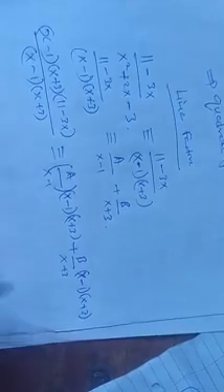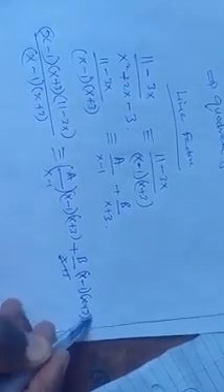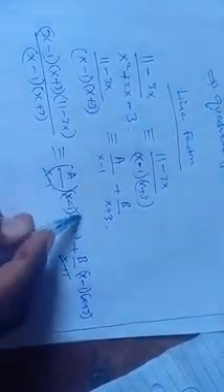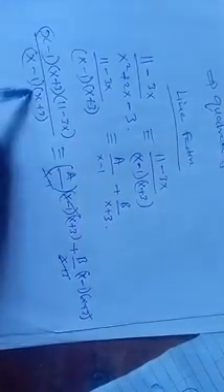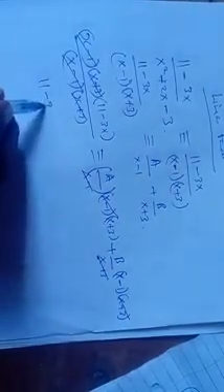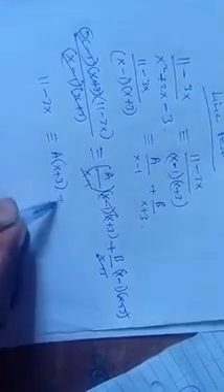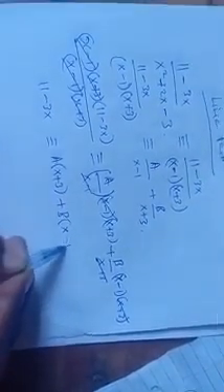As you can see, the denominator will cancel this one, and this denominator will cancel that one. So this is what results: 11 minus 3x is equal to a multiplied by x plus 3 plus b multiplied by x minus 1.